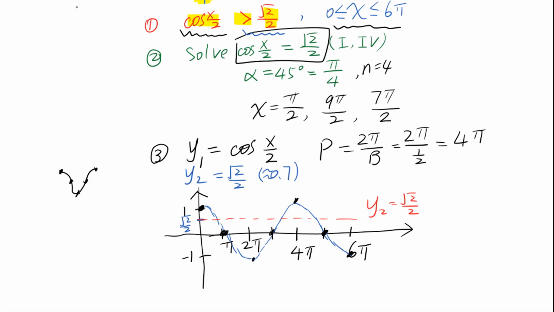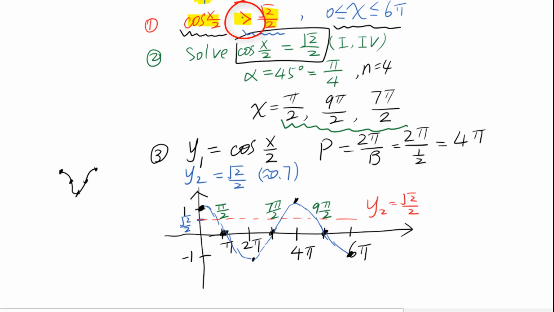You get 3 intersections. It will be the solution we got from cosine x over 2 equals square root of 2 over 2. Let's label pi over 2, 7 pi over 2, 9 pi over 2.